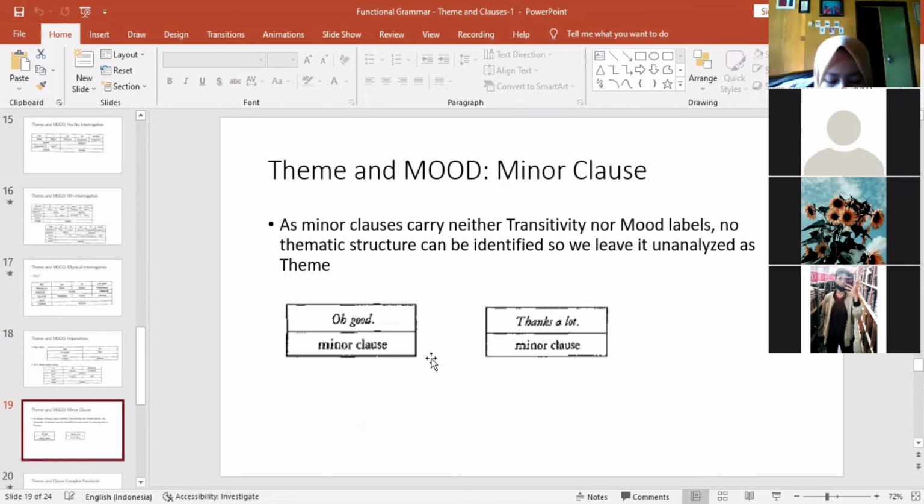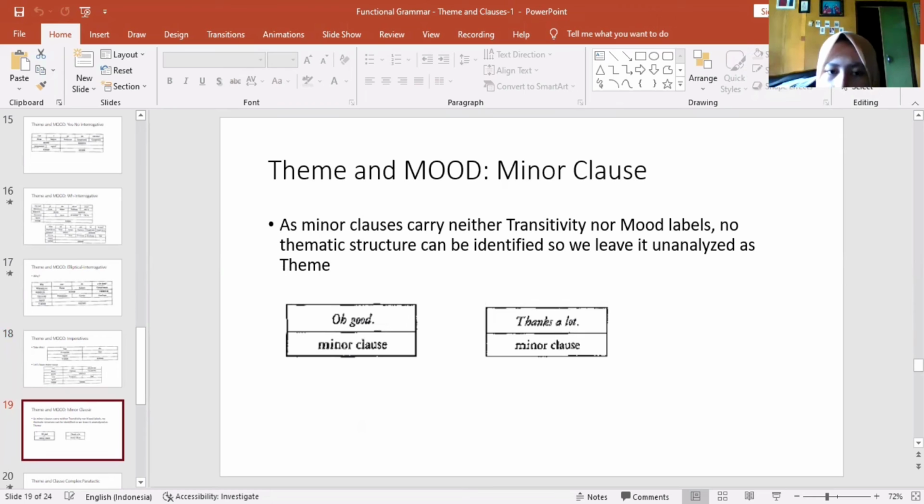Minor clauses can also be said to be an irregular type of sentence. As minor clauses carry neither transitivity nor mood labels, no thematic structure can be identified, so we leave it and don't analyze it as a theme.